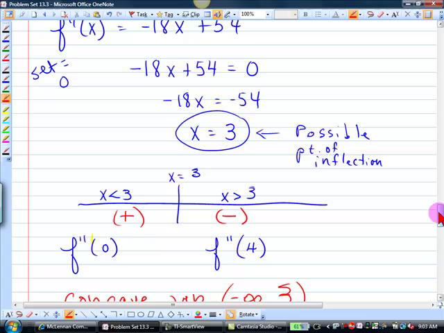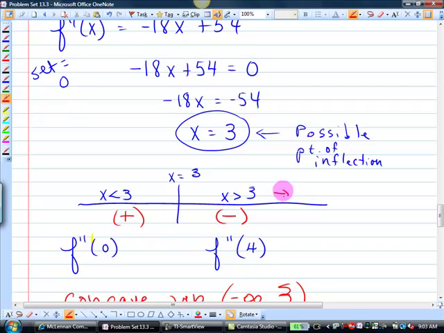And then you're going to make your chart, just like we did for the first derivative. Draw a vertical line for any possible point of inflection. So here we have x equals 3. On the right of it, we have x is greater than 3, and we have x is less than 3. Now, if you want to help yourself out, write those intervals the way the answers are going to be, because they're going to want it with infinity.